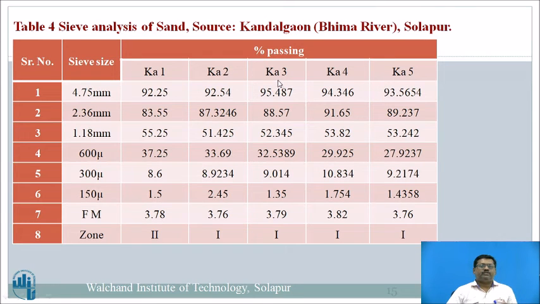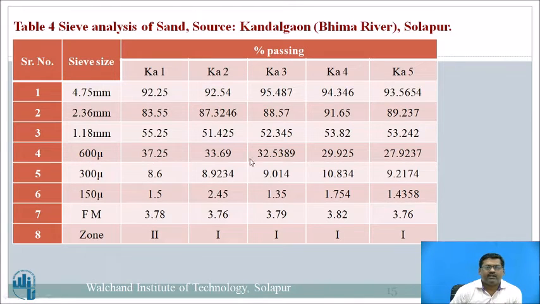Now the sieve analysis of sand for Kandalgaon, these values are given. K is the abbreviation given for Kandalgaon, K1 to 5 samples. Now the 4.75 values are 92 to 95. Let us see the 600 micron, which is the one size that differentiates the zones.